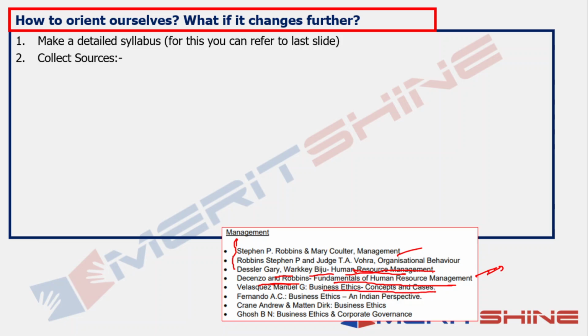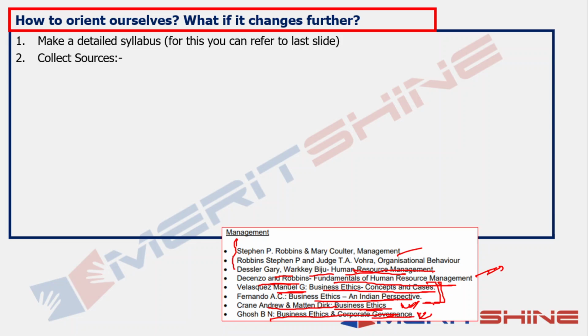Then Business Ethics Concept and Cases, Manual G. This is again another book which I haven't gone through, but I have an idea about it. I have also not gone through this, so I cannot give you an idea, but this is good. I've gone through this. This is also useful.